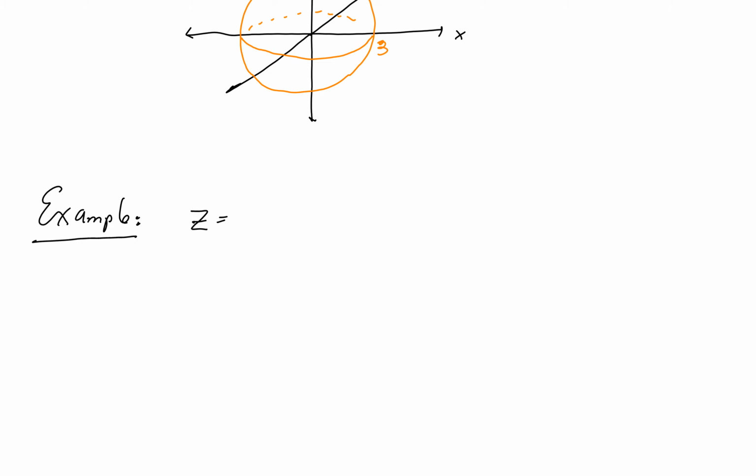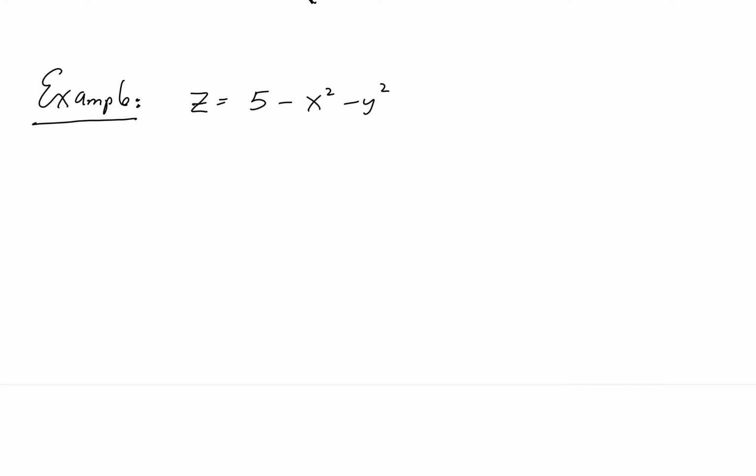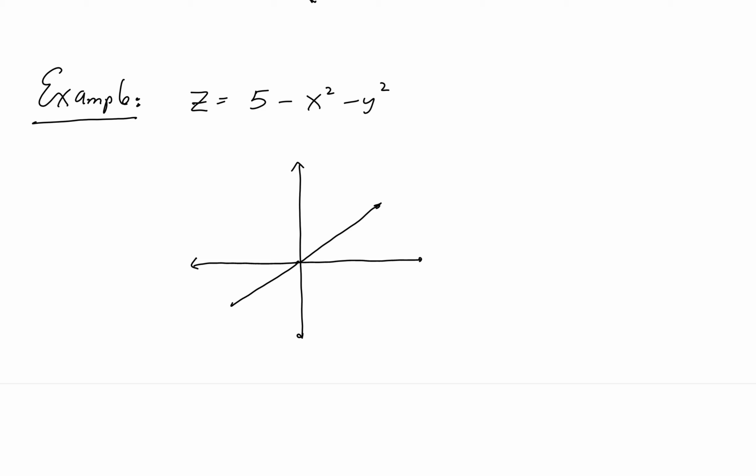Say z is equal to 5 minus x squared minus y squared. This one is one we'll get used to using, but one way we can figure out how to graph this is to graph it in the different planes and just interpolate between them. So suppose I look at the plane where y is equal to 0.